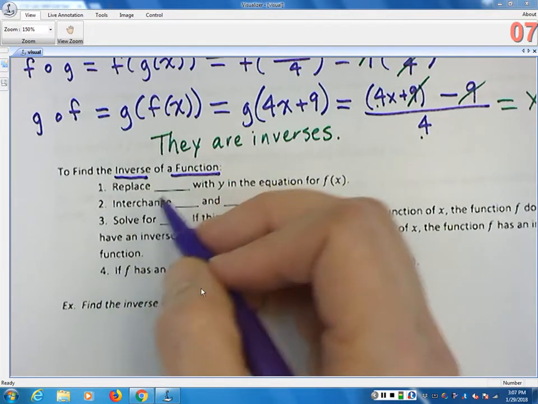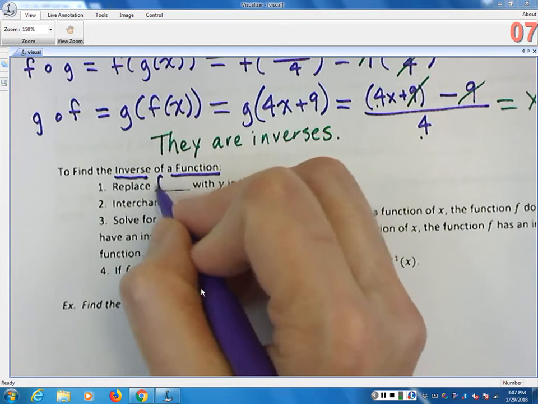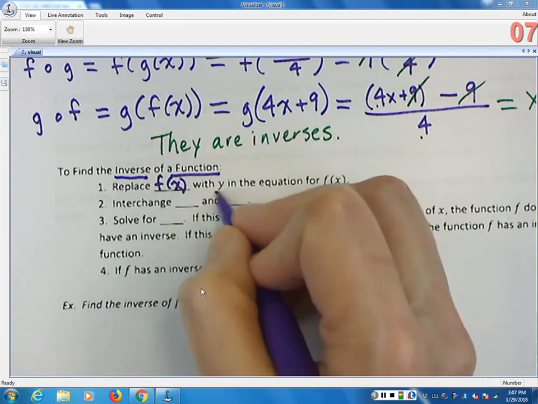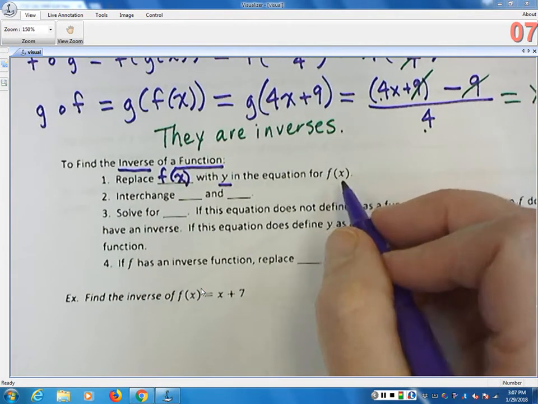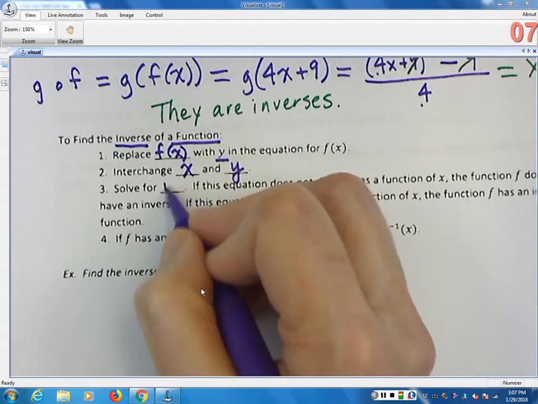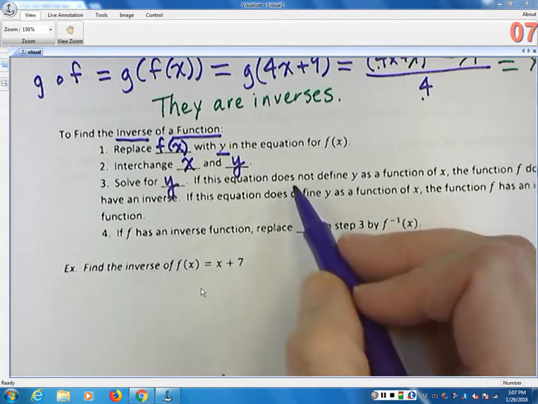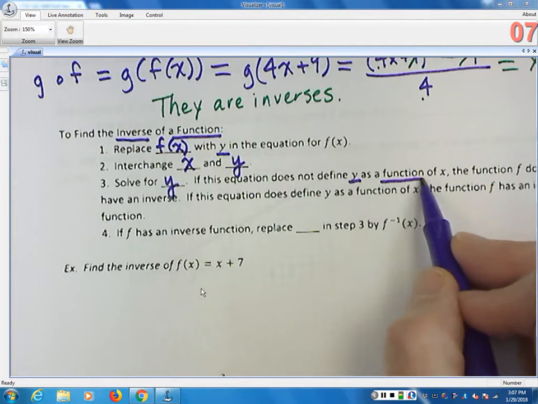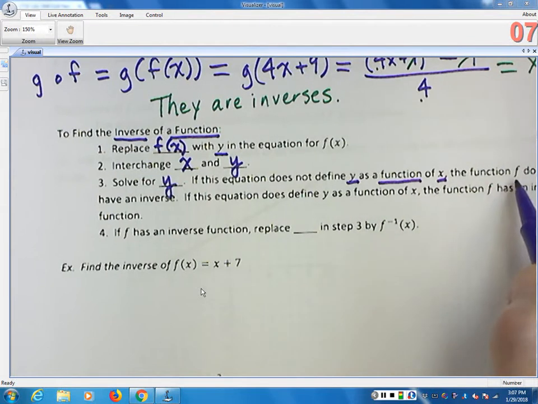We replace f of x with y in the equation for f of x. Then we interchange x and y. Then we solve for y. And if it doesn't define y as a function of x, then f does not have an inverse.